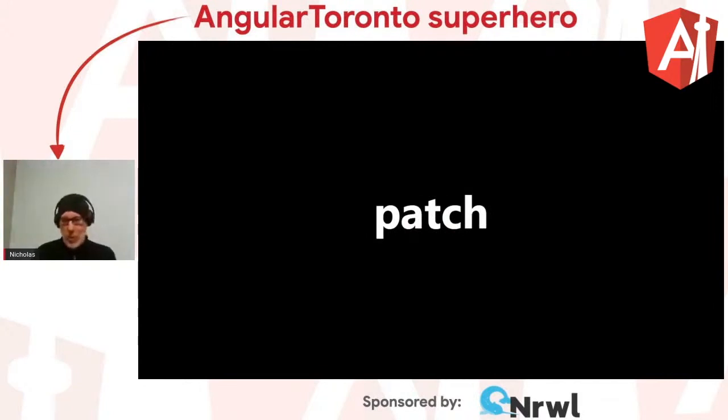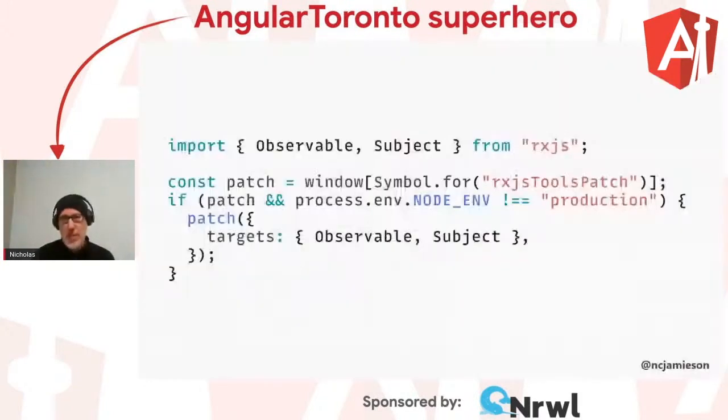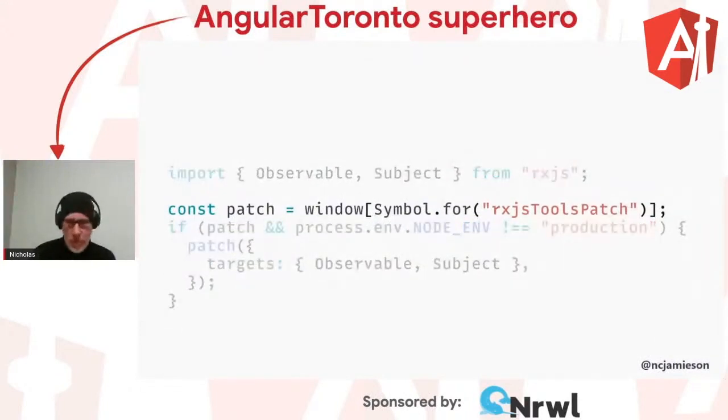The way that the tools get hooked up to your application looks a little bit like this. This snippet of code is going to look for a particular symbol on window, which is the symbol that's been added to the window for the injected tools. That symbol has as its value a patch function.